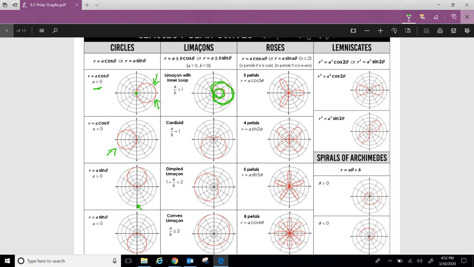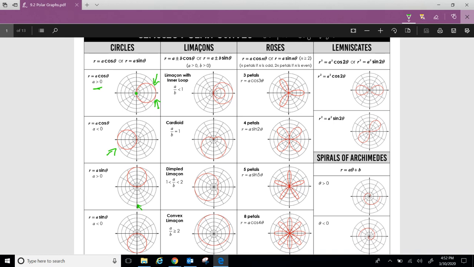And the way you can tell these guys, it's always if you have a plus or minus b cosine theta or a plus or minus b sine theta. And so it all comes down to, first of all, if it's cosine, again, you're going to be symmetrical about the polar axis. Oh, I've lost my mouse, so just bear with me.